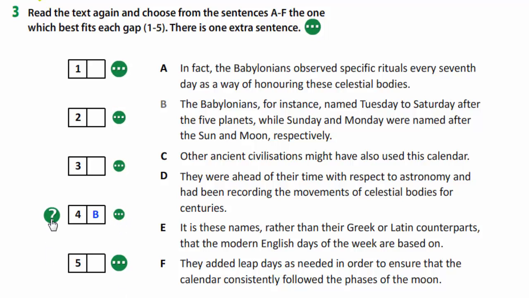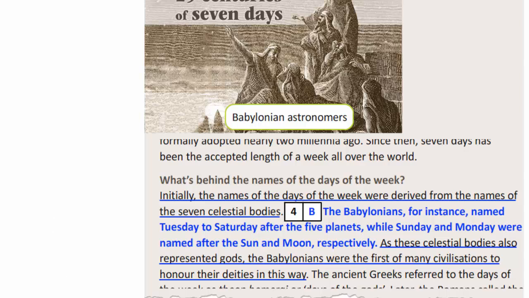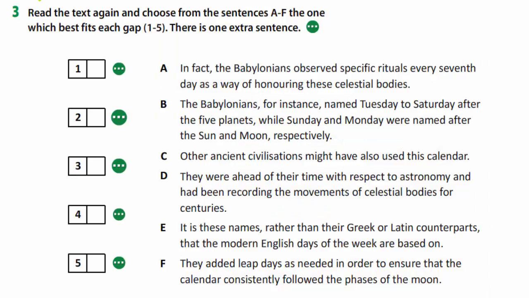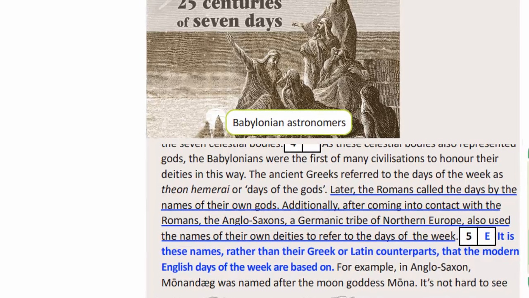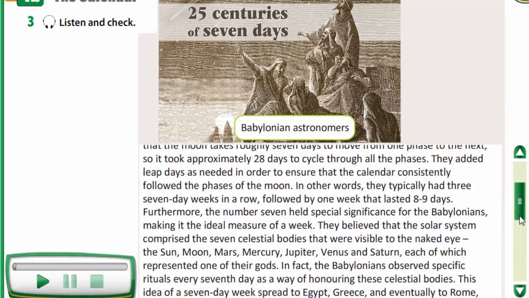The fourth is B. The Babylonians, for instance, named Tuesday to Saturday after the 5 planets, while Sunday and Monday were named after the sun and moon, respectively. And the last is E. It is these names, rather than their Greek or Latin counterparts, that the modern English days of the week are based on. Now let's read the text and watch the video to check.